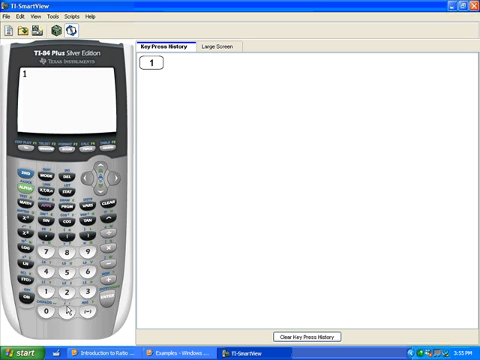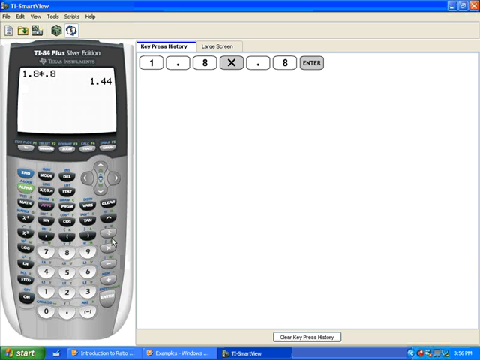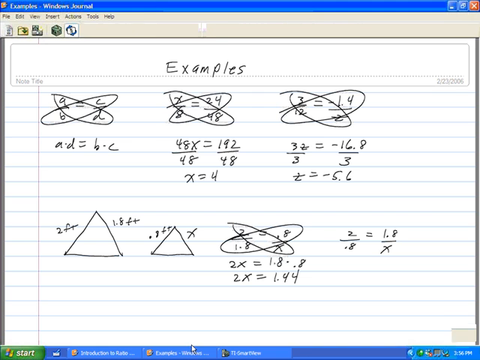We take 1.8 times 0.8, and we get 1.44. And when I go back and divide by the 2, I get 0.72.